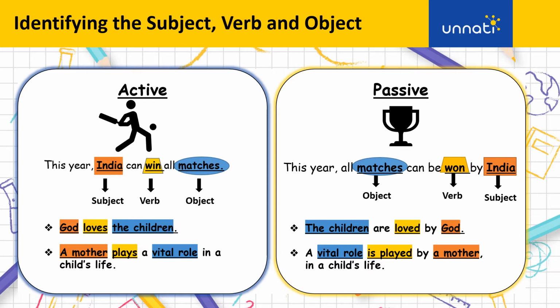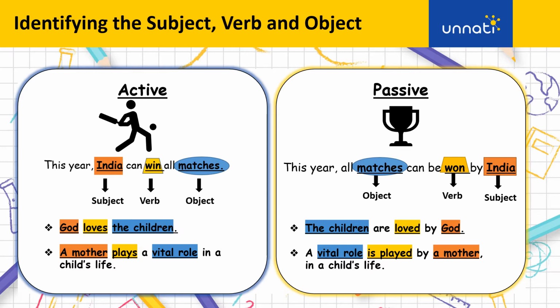Let us look at another example. A mother plays a vital role in a child's life. So, a mother is the subject here. Plays is the verb. What does she play? A vital role. So, that is the object.